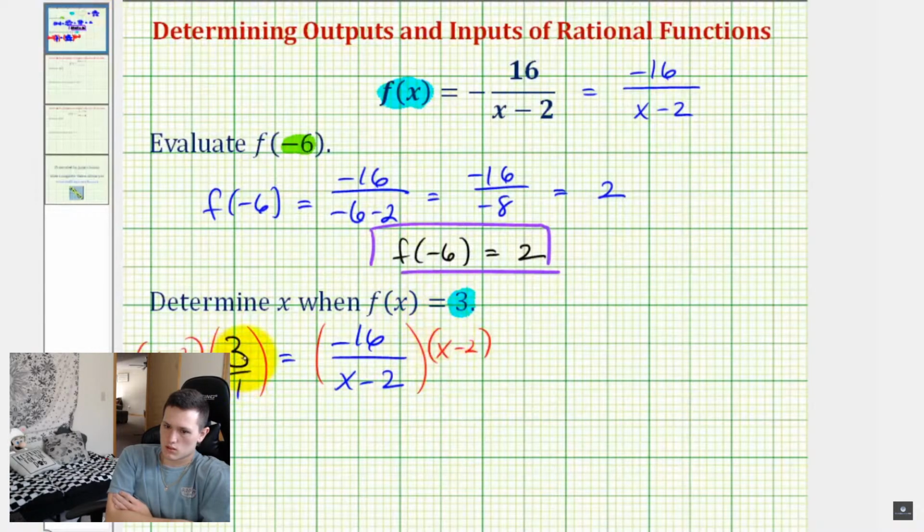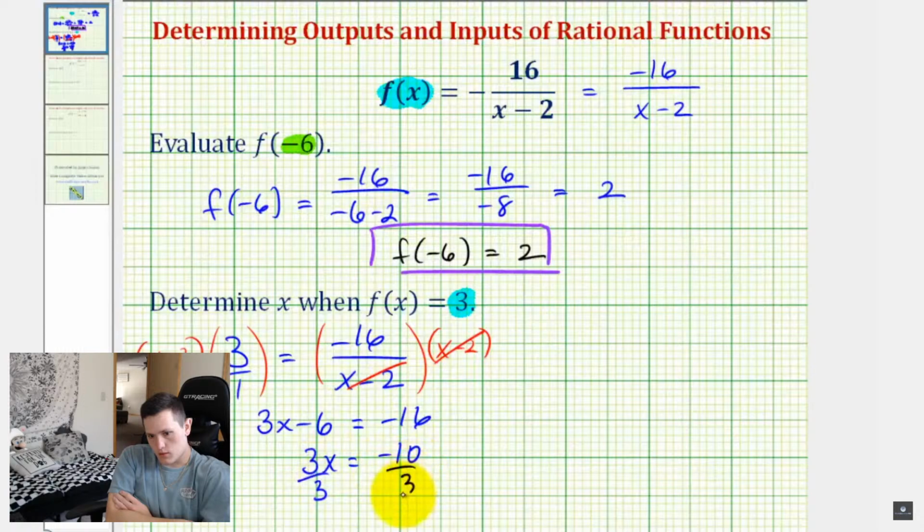Because on the left side, we just have 3 times the quantity x minus 2, which would be 3x minus 6. And on the right side, x minus 2 over x minus 2 simplifies to 1, 16. leaving us with negative 16, so we would add 6 to both sides. Yeah. That'd be 3x equals negative 16 plus 6 is negative 10. 10, yep. Now divide both sides by 3, and we have x equals negative 10 thirds. You can't simplify any further. So if f of x equals 3, then x must equal negative 10 thirds.